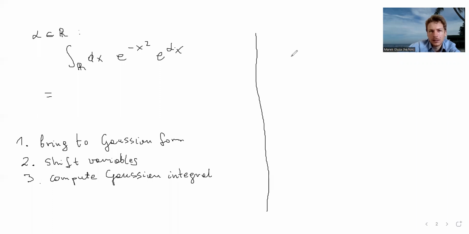Anyway, let's consider a function like this, x squared minus alpha x. What do I need to do to write this as x minus alpha over 2 squared? Well, I will need to subtract alpha squared divided by 4.